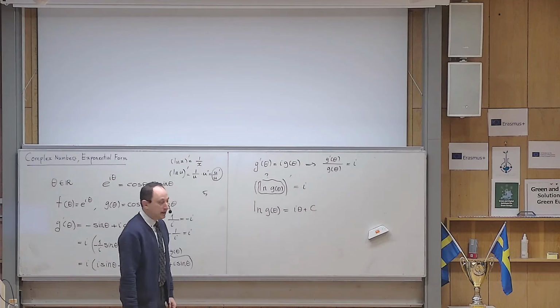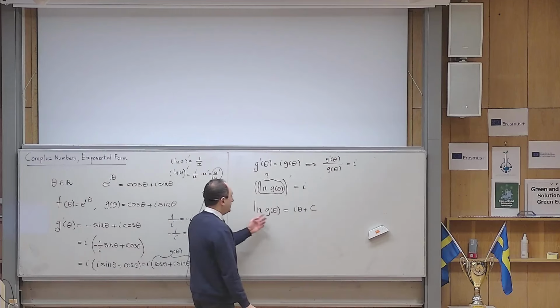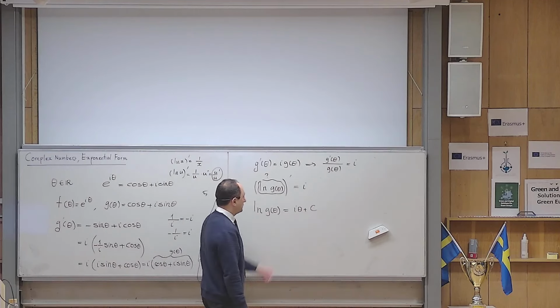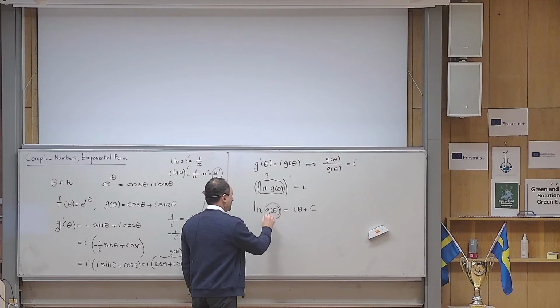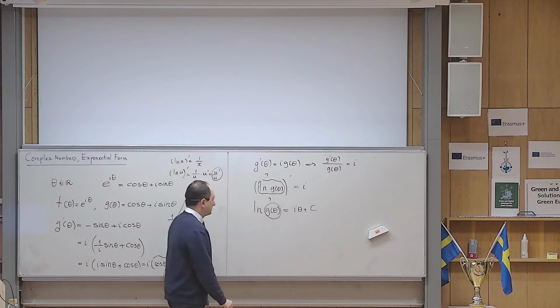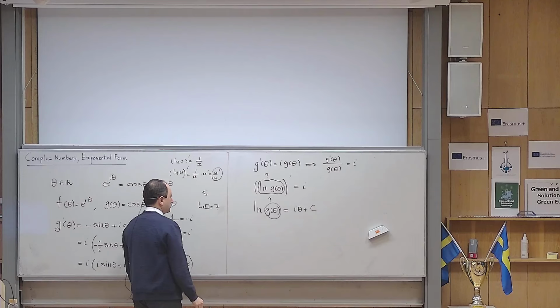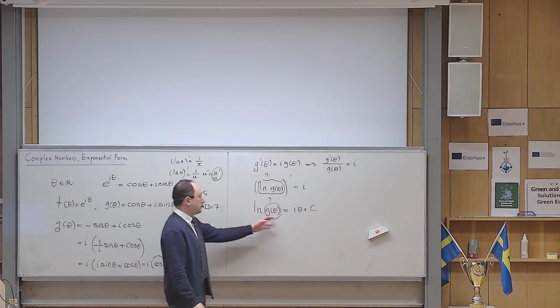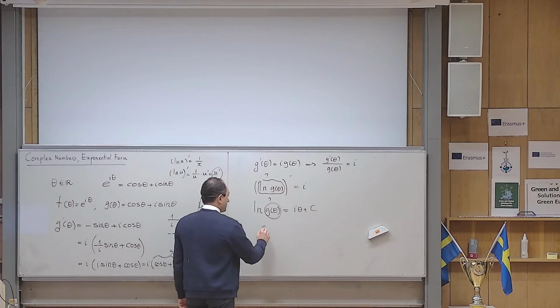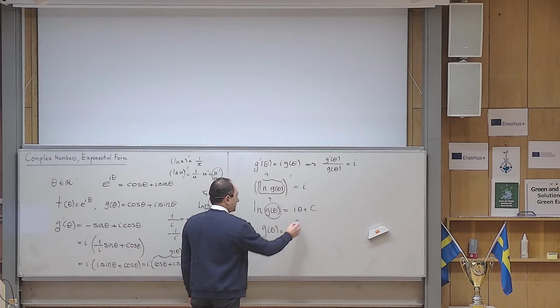Yes, and then what happens if ln of a function is equal to this? What can I say about this function? It is like this: ln of a box is equal to 7. What is inside the box? e to the power 7. Yes, so ln of something is this, so that something is e to this power. Do you agree?